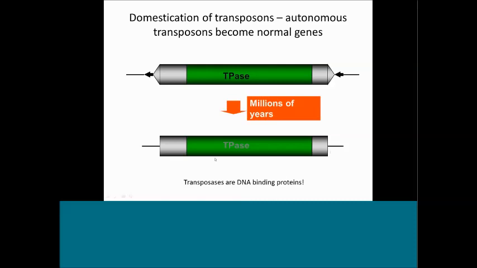But because they have a cellular function, the transposase domain and the DNA binding activity remain, and they become a real gene. So not all the transposase-related proteins in the genome are transposons. Some of them we call domesticated transposons, and this process is called domestication of transposons.